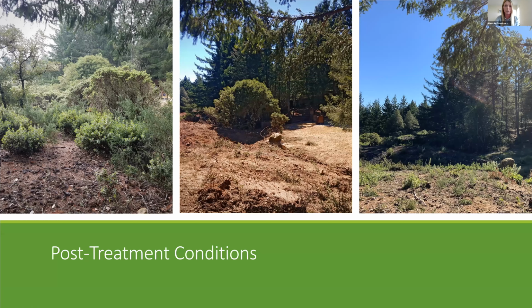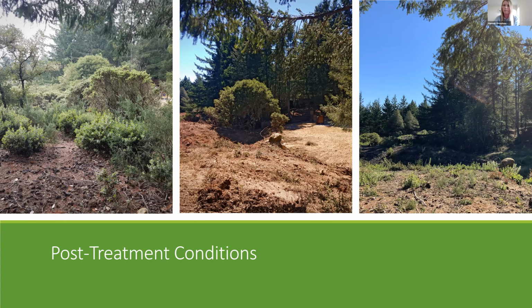Some previous slides showed a few example images of what post-treatment conditions could look like, but I wanted to highlight a real example from Huddart Park from the work that was done along Kings Mountain Road and the Archery Fire Road. From left to right, the images here show an area near the archery range, the far left being immediately before work began, and then the middle image being around October of 2019 after the work was completed.